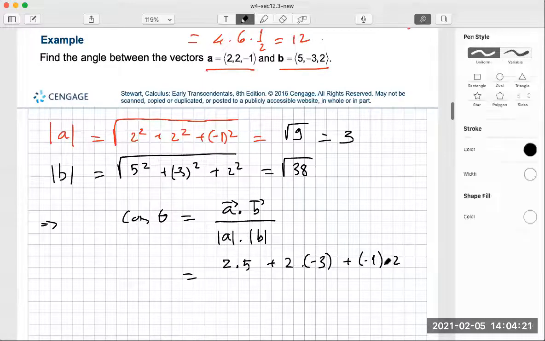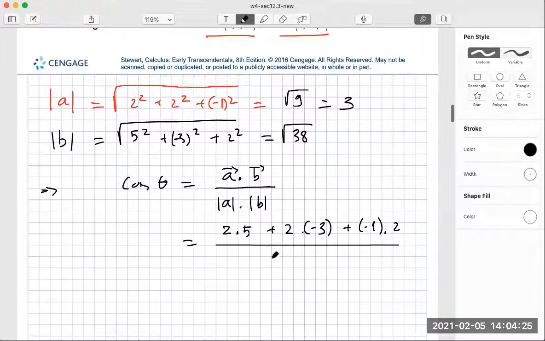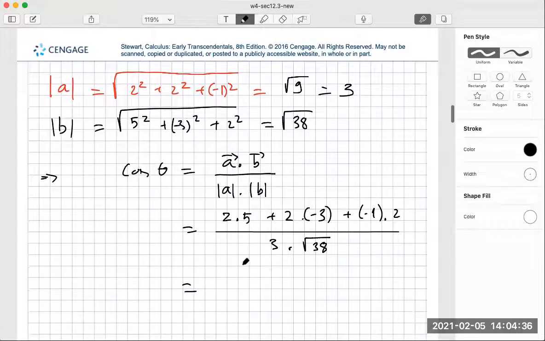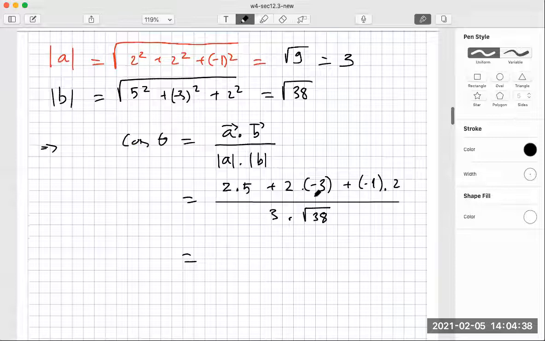Very good. And the denominator, we found it already, which is 3 and square root of 38. From this it will be 10 minus 6 will be 4, 4 minus 2 will be 2, right?